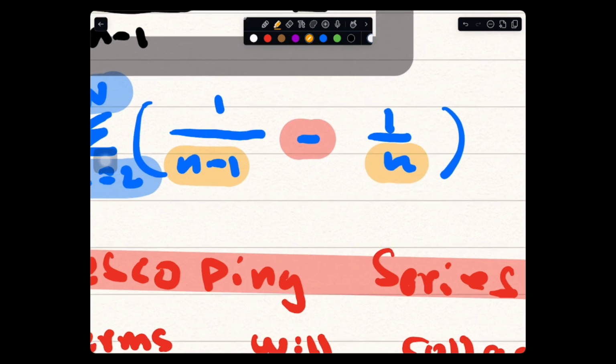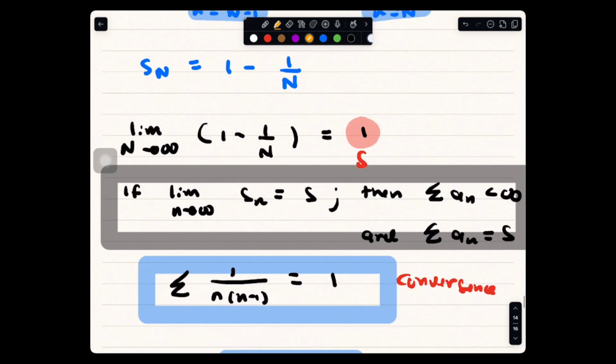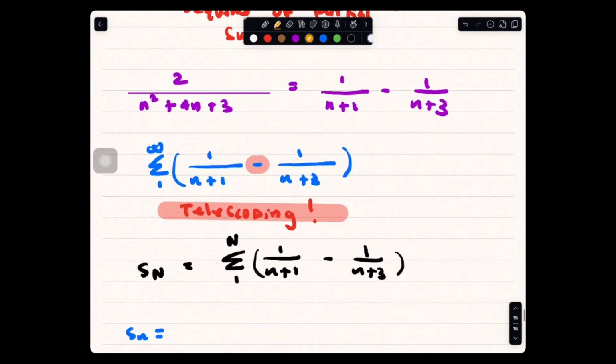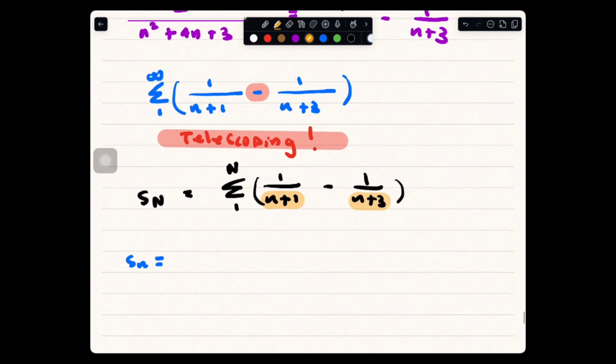So that differs by 2. In this example, you're going to see the effect where you've got n plus 1 and n plus 3. So you've got n plus 1, n plus 2, n plus 3. That's 3 terms you're going to have to see. So we're going to have to really take a closer look, is what I'm saying. It's not as simple as the first one. The first example is always the simplest one. This one is not as simple.